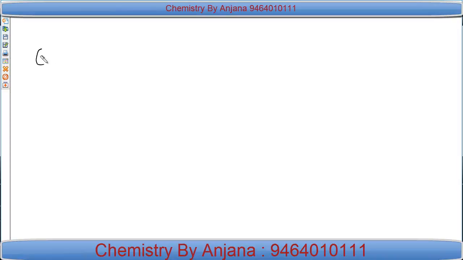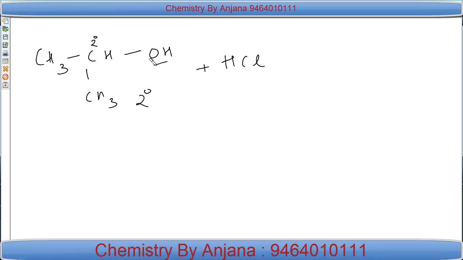If I am taking an example now of CH3, CH, CH3, then OH plus HCl. Here I have chosen a secondary alcohol. I am referring to the same method which we have just discussed in the previous slide. This carbon is a secondary carbon. So OH attached to a secondary carbon, we term such a functional group a secondary alcohol.